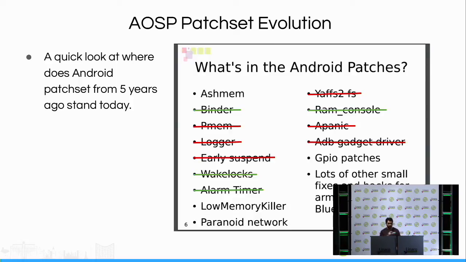But while a lot of effort has gone into shrinking that delta, a lot of new features have been added as well, as we have seen in my talk. And there always will be something new or innovative which Android developers will come up with, and they push it in their AOSP tree.